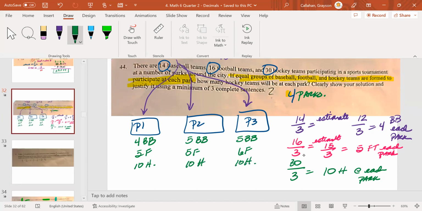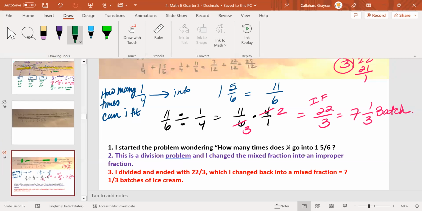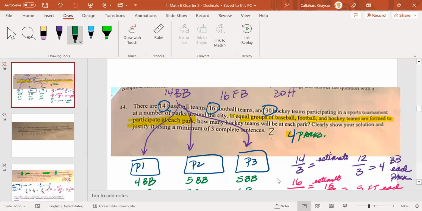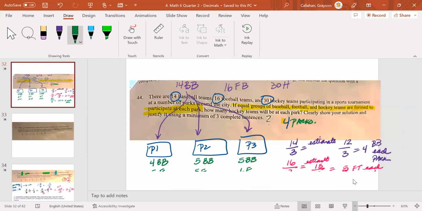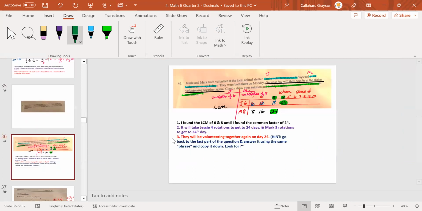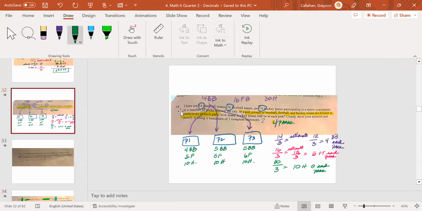Okay? So if you have to use sentences to explain this, she said you have to use a minimum of 3 sentences. Well, let's just go back and see what we did, okay? So what was the first thing that we did?